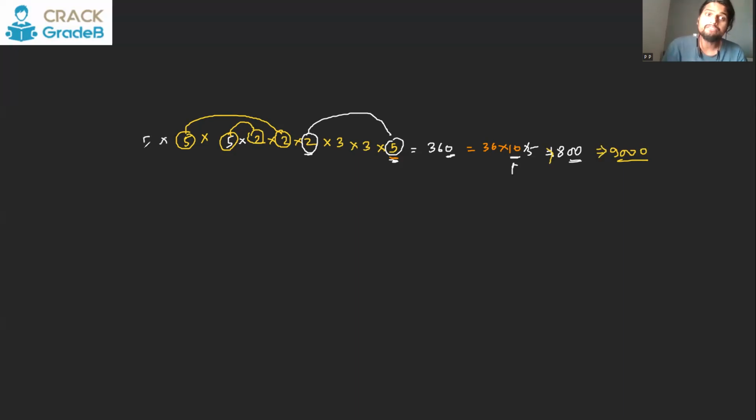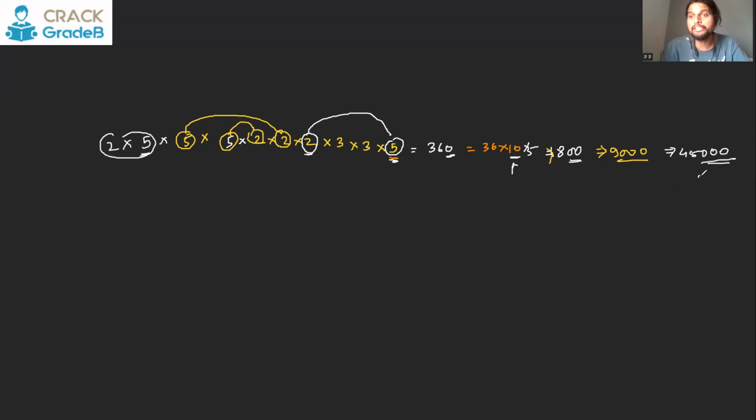If I multiply again with 5, now it is going to be 9000 into 5, 45,000. It will still have only 3 zeros because now we don't have any 2 for it, only one 5. For that 5, we don't have any 2, so there won't be any pair, and that's why there will be only 3 pairs and hence only 3 zeros. If I now multiply with 2, one more pair can be formed.